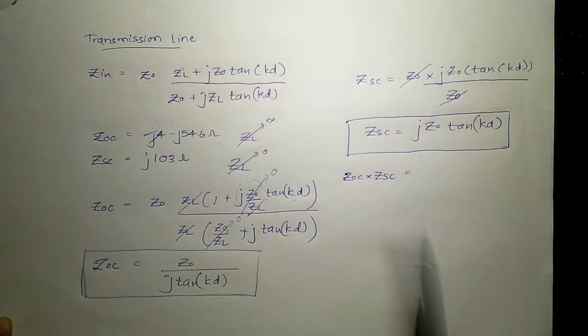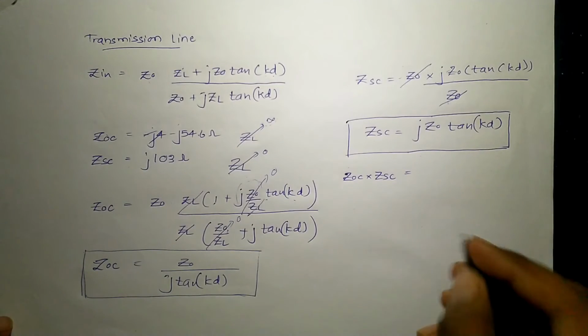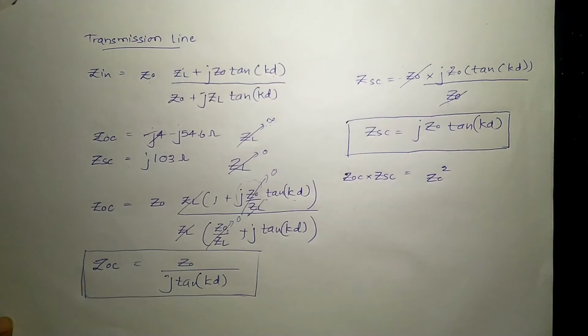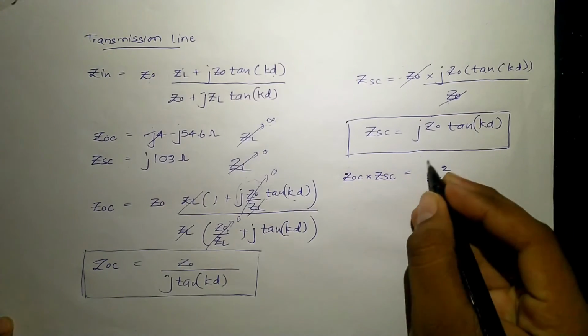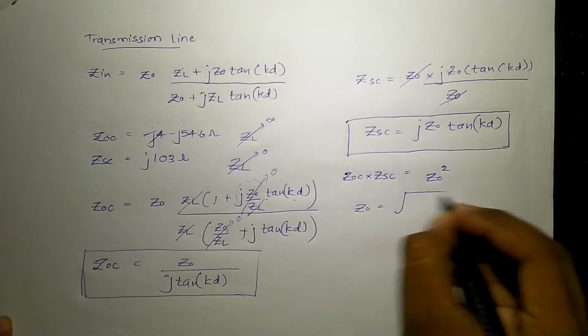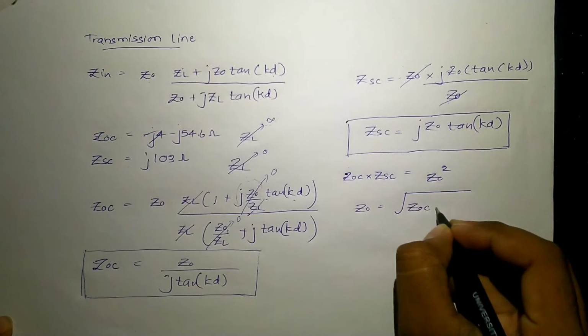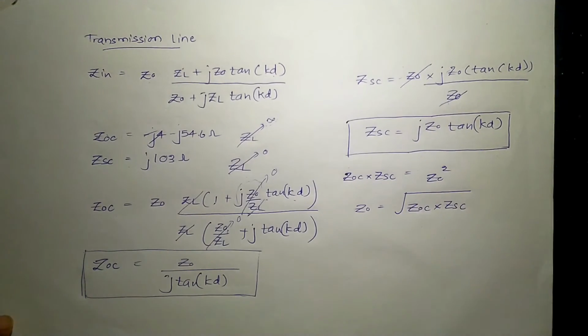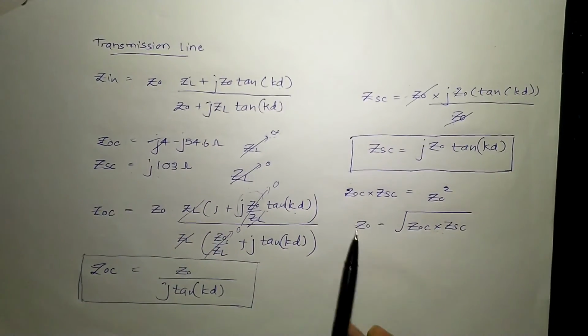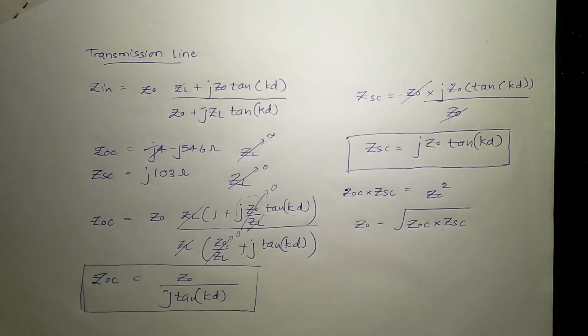They are cut away. Therefore, only Z0 squared remains. So, making this the subject, Z0 is equal to root ZOC into ZSC. Substituting the information, we can get the value of Z0.